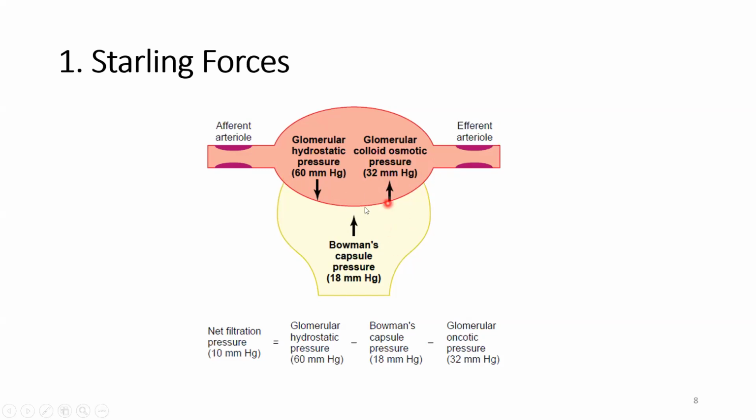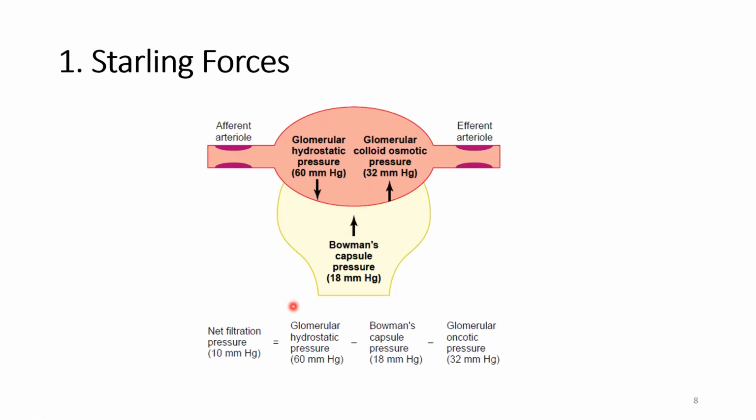Indeed, it's only certain diseases which break this filtration barrier, and then you have a free fall of all sorts of proteins coming into the Bowman capsule. And in that case, it becomes operational that you need to then also consider Bowman capsule oncotic pressure. But normally, it should be so less that it's negligible. We don't even mention it.